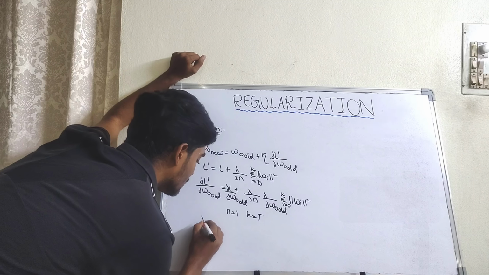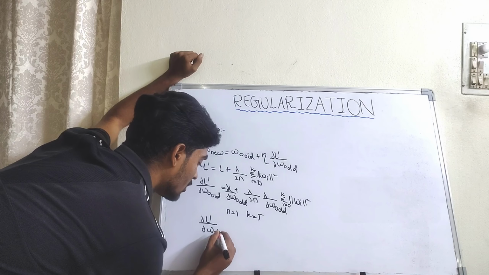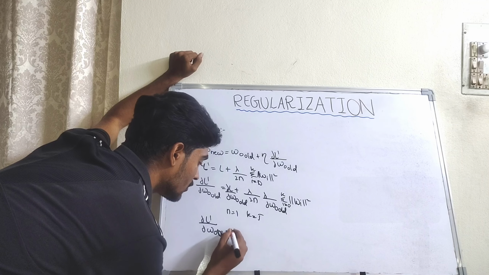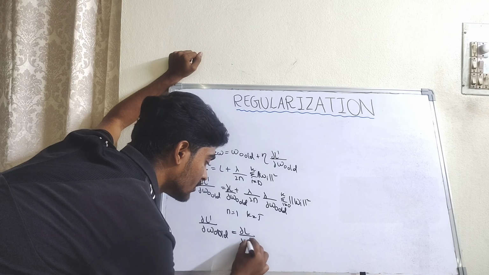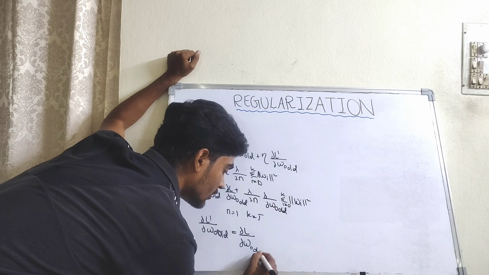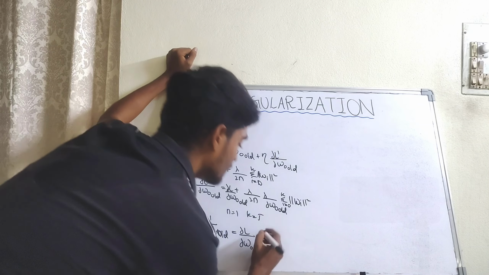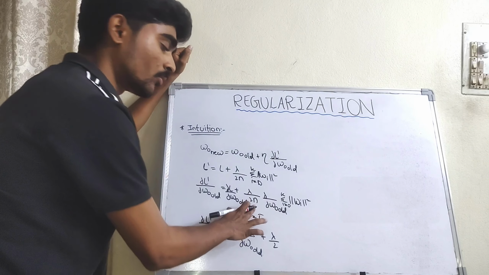Now dou L dash by dou w naught old is equal to dou L by dou w naught old plus lambda by 2, as n is equal to 1.